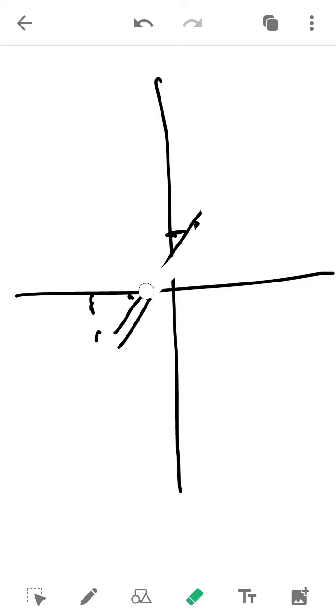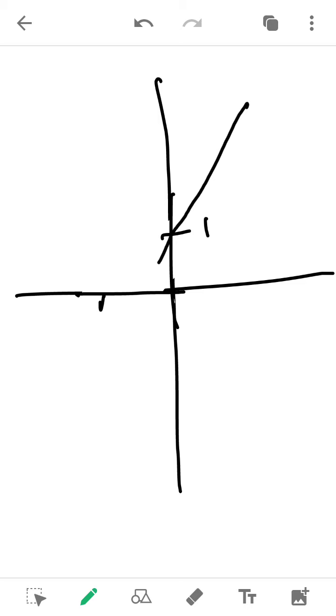Sorry, I'm not using a ruler. Then our graph will be like this.